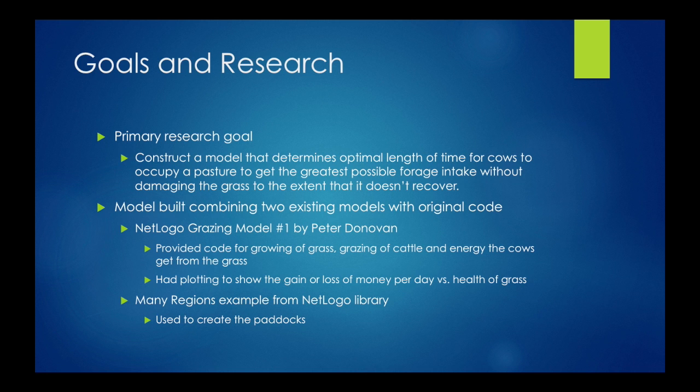The first model that we picked apart and used in our code is NetLogo Grazing Model #1 by Peter Donovan. This provided code for the growing of grass, the grazing of cattle, and the energy that the cows get from the grass. It also had plotting to show the gain or loss of money per day versus health of grass. So pretty useful stuff. We also used part of the Many Regions example from the NetLogo library to create our paddocks.